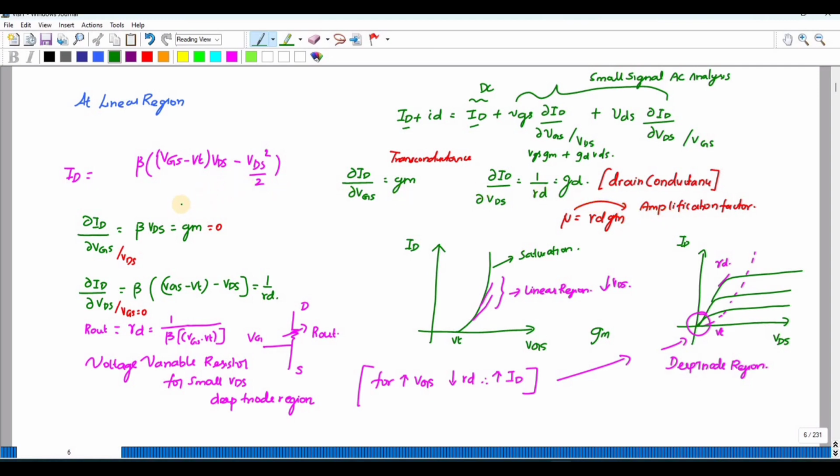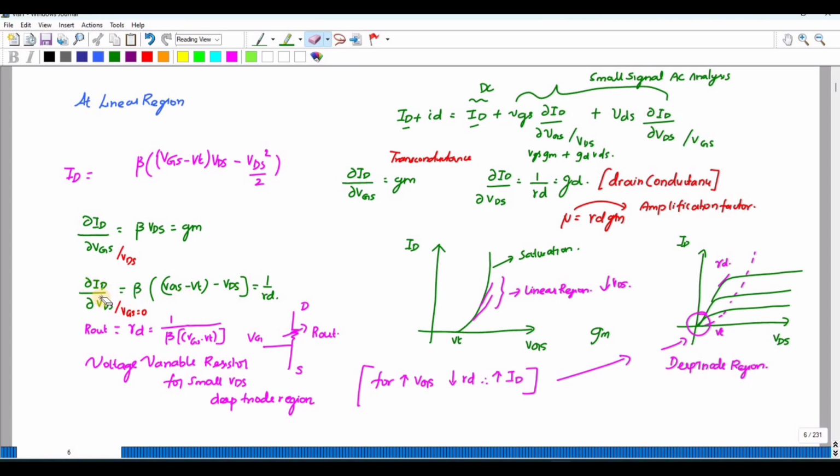For the linear region, we know that ID is equal to beta (VGS minus VT) VDS minus VDS squared divided by 2. If I differentiate with respect to VGS, I will get beta VDS, that is nothing but GM. If I differentiate with respect to VDS, I will get beta (VGS minus VT minus VDS).